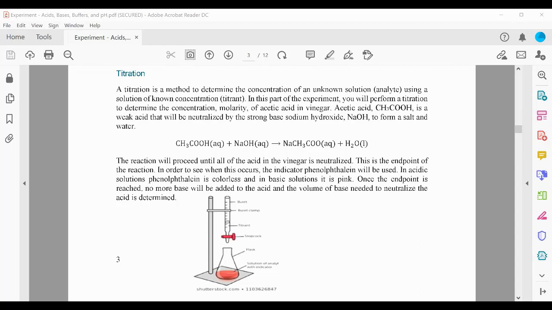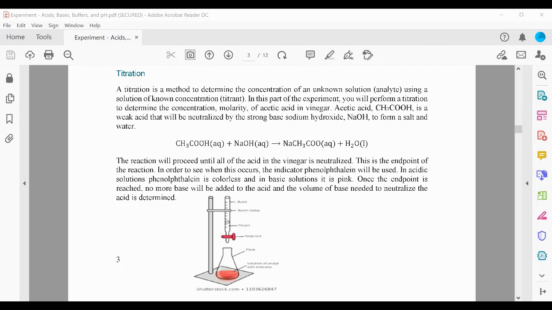I don't understand the endpoint exactly, the difference. Okay. The equivalence point is, in theory, the exact point we try to see as close as we can. Here you have a reaction where 1 mole of acetic acid reacts with 1 mole of base.